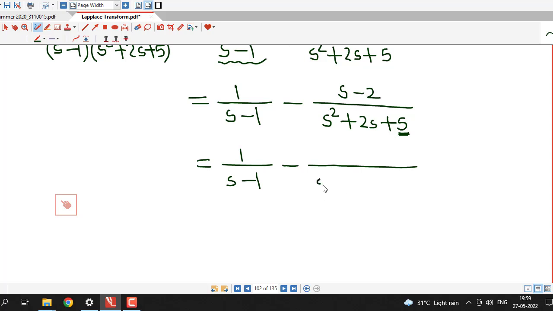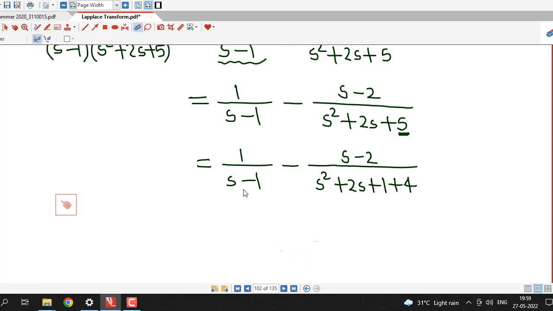So if you observe, if I have first term equal to s square, second term equal to 2s, and if I consider last term as 1, then this is going to be square of s plus 1. If you square s plus 1, you will have s square plus 2s plus 1. So I can break 5 as addition of 1 and 4. I can rewrite 5 as 1 plus 4, and here I keep this as it is.